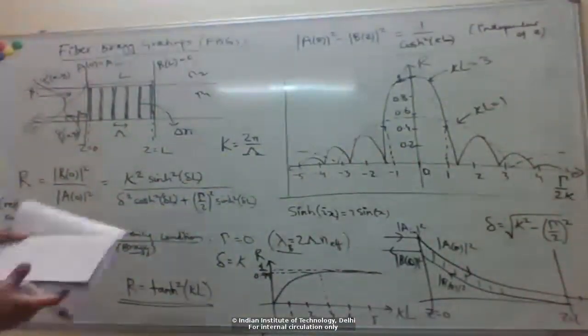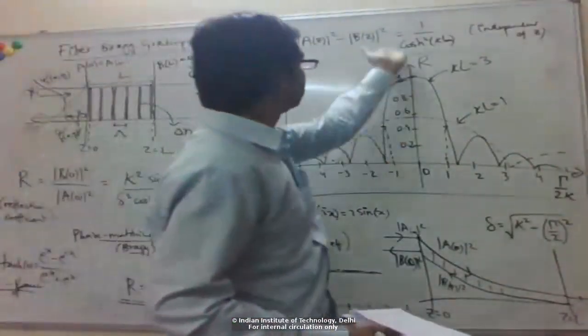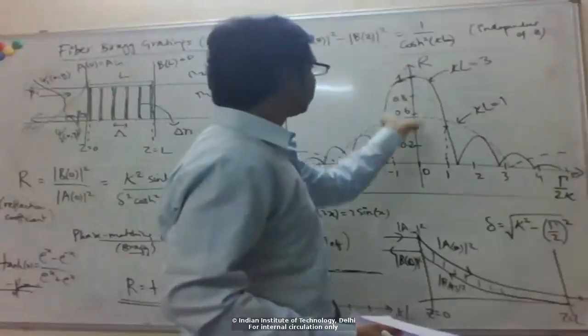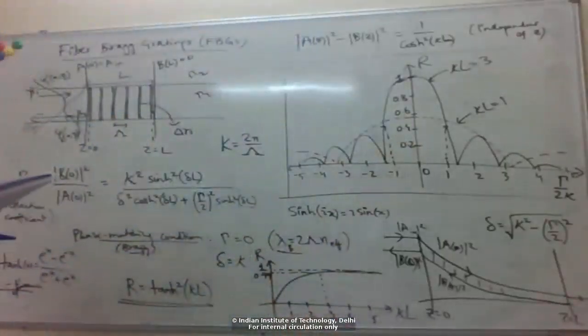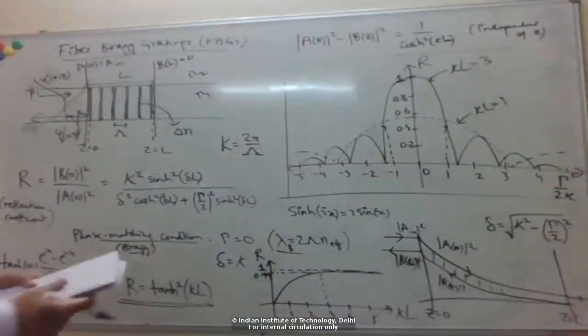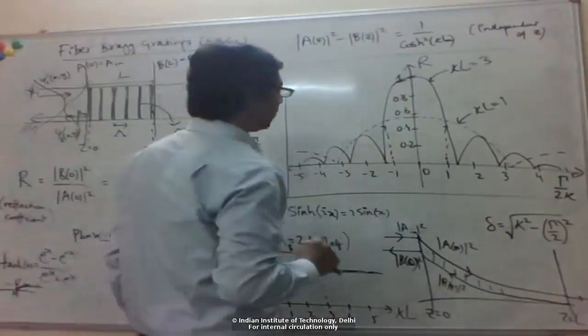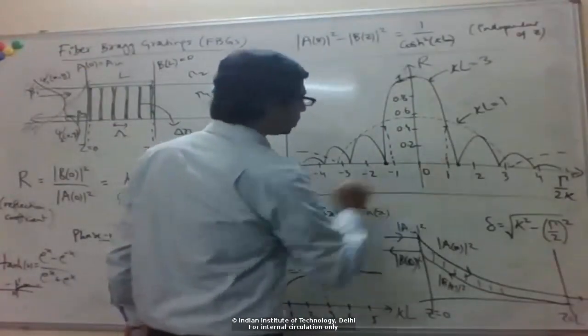Okay, so it's basically like some gain bandwidth thing which you see in a lot of places. So if you have higher gain, in this case higher reflection coefficient, then the bandwidth is smaller. Okay, so we can estimate what the bandwidth is here by calculating at what points this goes down to 0.